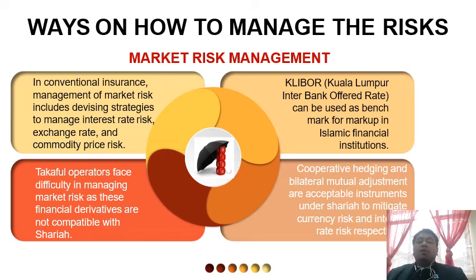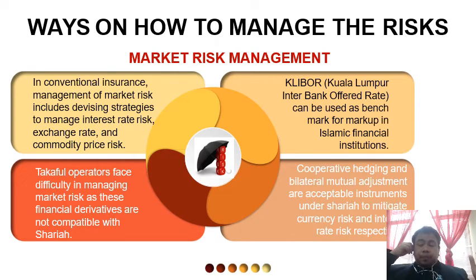So you have KLIBOR, the Kuala Lumpur Interbank Offered Rate, that can be used as a benchmark for markup in Islamic financial institutions. And then you have some forms of hedging being used, for example cooperative hedging and bilateral mutual adjustment, that are acceptable under Sharia to mitigate currency risk and also other types of risk.